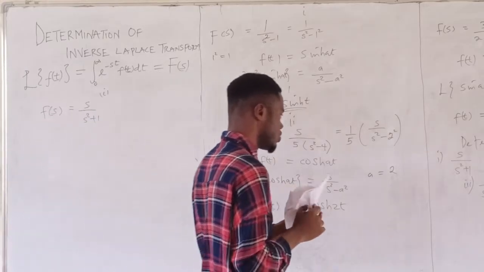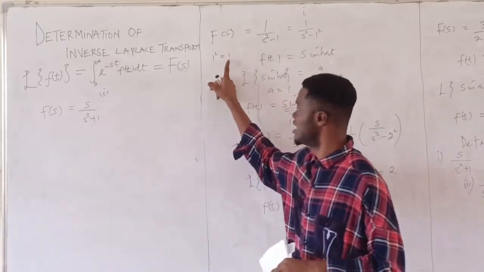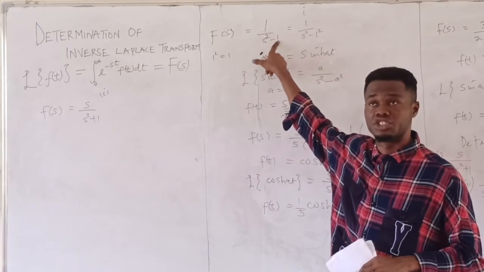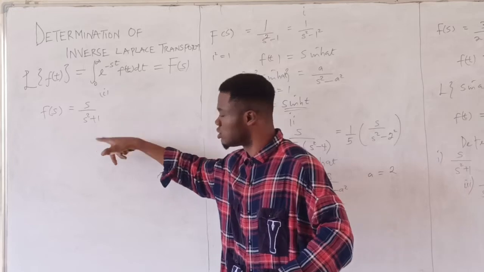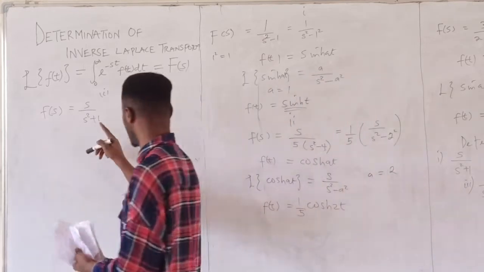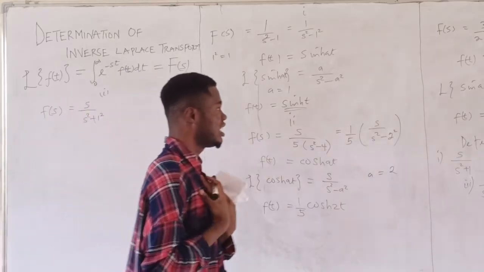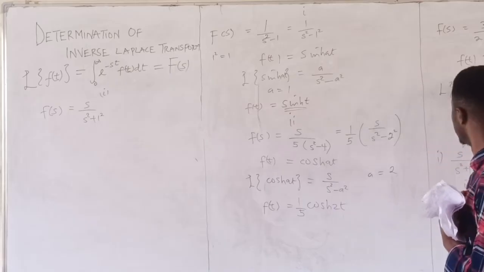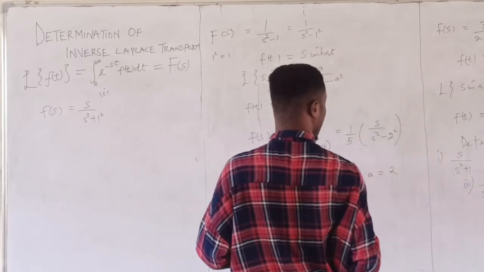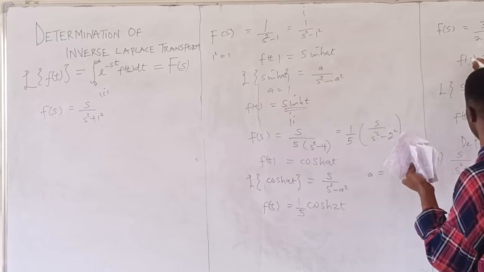Remember from what I explained when I solved this particular question, I told us that 1 can be expressed as 1 squared, right? So let me write this one as 1 squared.